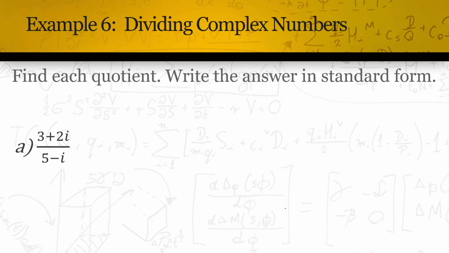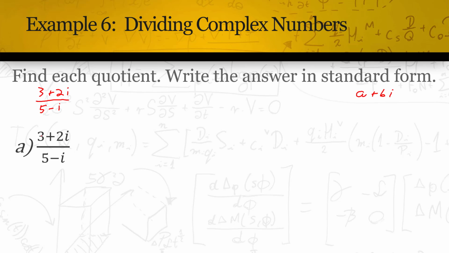And this is: write each quotient and express your answer in standard form. Let me do this up here. So here we have 3 plus 2i divided by 5 minus i. And we want to somehow get this into the form of some number plus some other number times i.